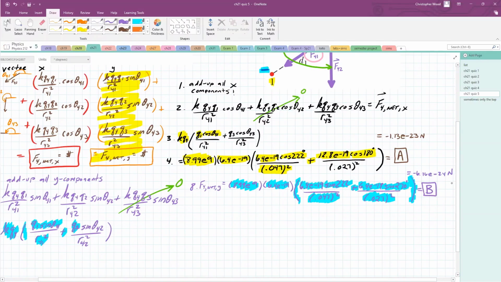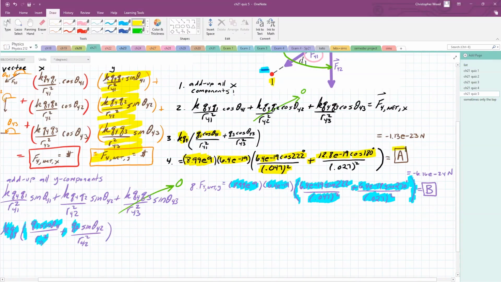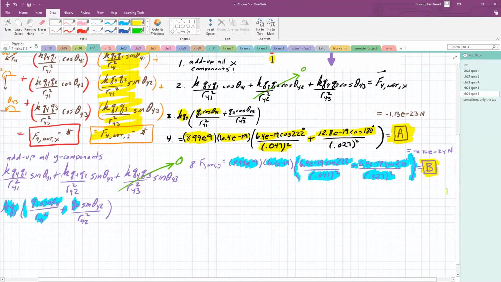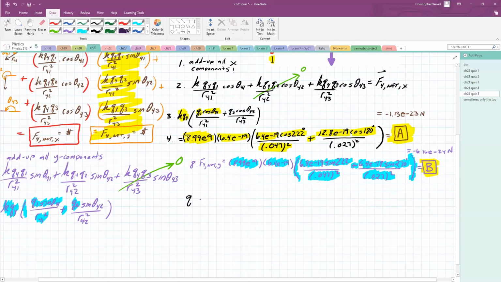Okay, so that's it. This is my net X component acting on particle 4. This is my net Y component acting on particle 4. You need to express those in terms of a magnitude and direction. So step 9, this is what's going on.